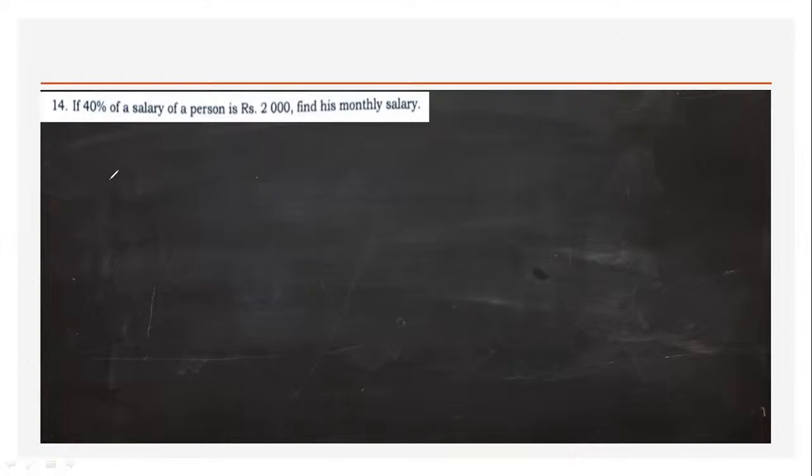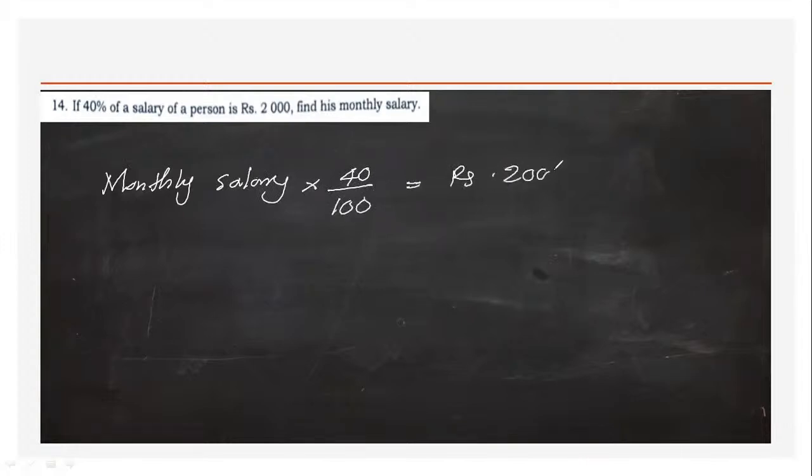So, the total salary, we can write monthly salary. 40% means 40 over 100 equals 2,000 rupees.